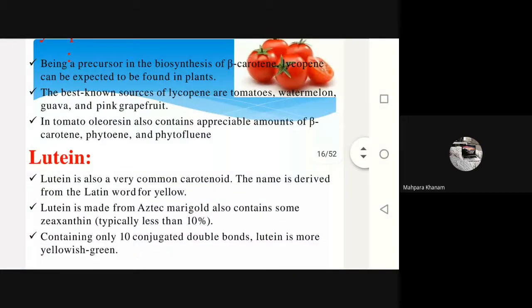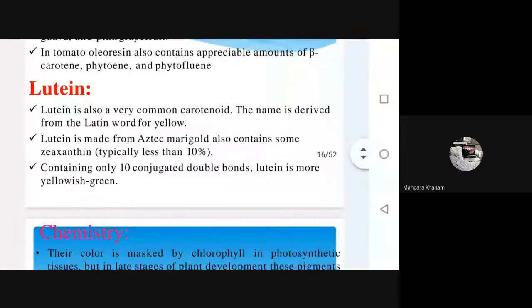Then we have lutein. Lutein is also a very common carotenoid, and it is derived from a Latin word for yellow. So the word lutein is derived from yellow. Sometimes they will ask whether pumpkin has lutein color or whether carotene is present or lutein is present.